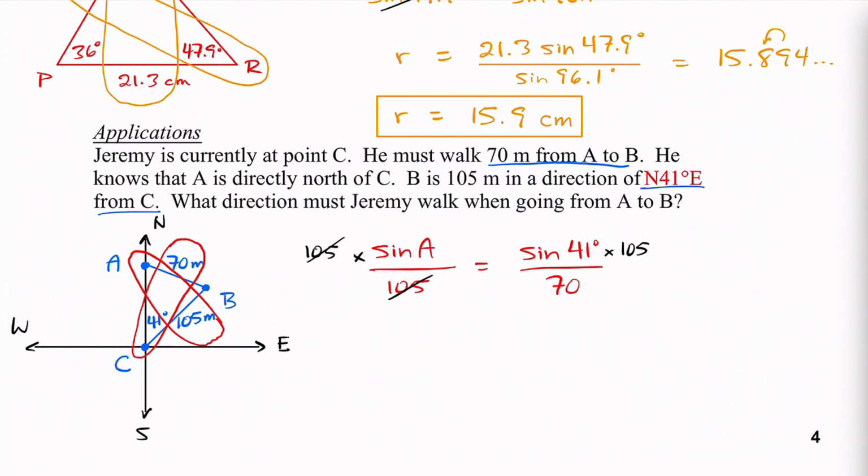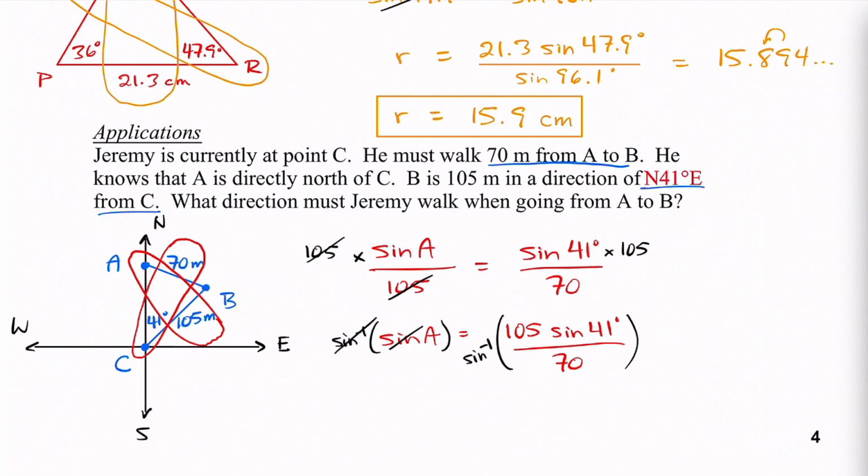So let's write out what we have. Sine A equals 105. Again, I'm just changing the order. 105 times sine of 41 degrees divided by 70. And then I just got to get rid of the sine. So to do that, take sine inverse. So we got sine inverse, both sides.